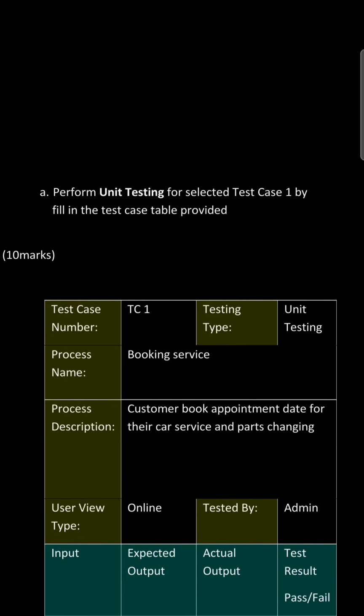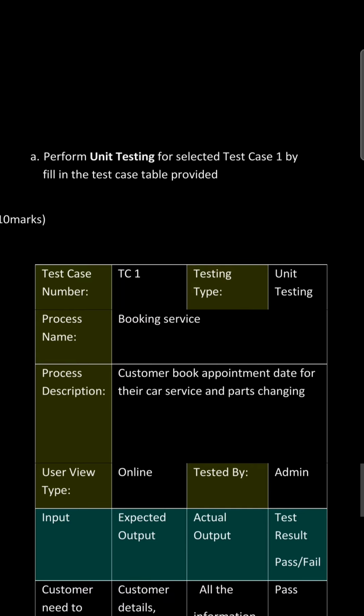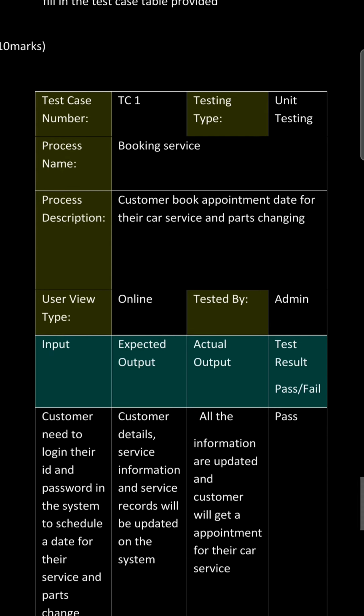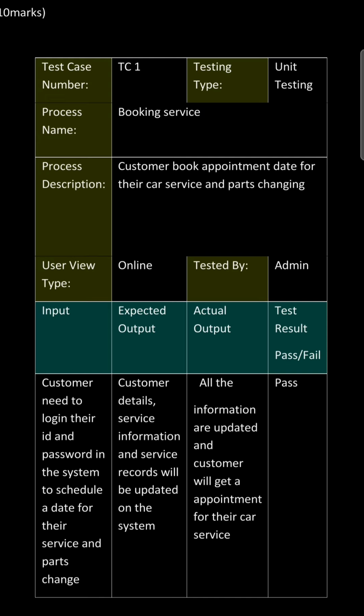So the process name is booking service and the description is customer books appointment date for their car service and part changing, and the user view type is online and tested by admin, and the input is customer needs to log in their ID and password in the system to schedule a date for their service and part change, and the expected output is customer details, service information and service records will be updated on the system, and the actual output is all the information is updated and customer will get an appointment for their car service. So the test result is pass. Thank you.